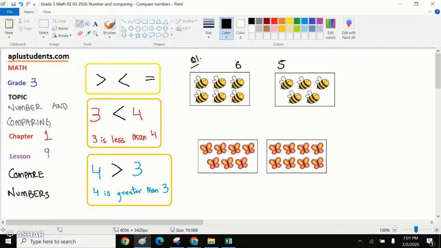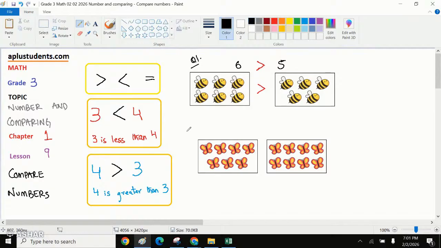So we can say 6 is greater than 5. That means this number of bees is greater than this number of bees. Agreed?